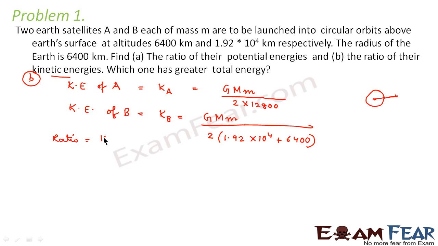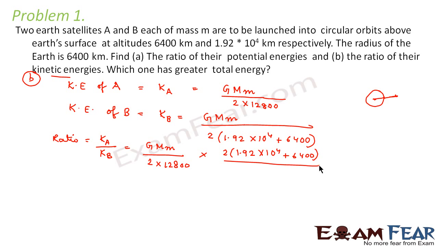So the ratio would be Ka by Kb. Now if you divide this by this, you would get G capital M into small m divided by 2 into 12800, into 2 into 1.92 into 10 to the power 4 plus 6400, divided by G into capital M into small m.